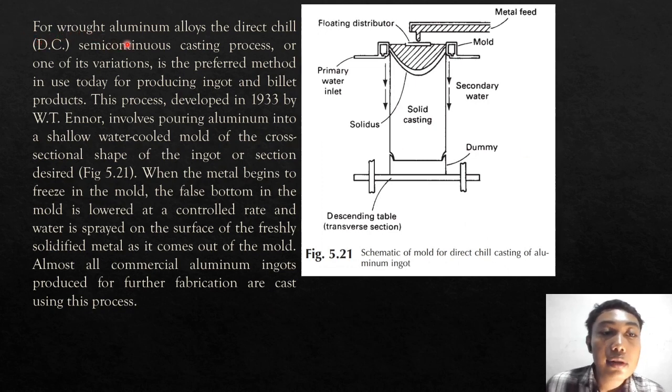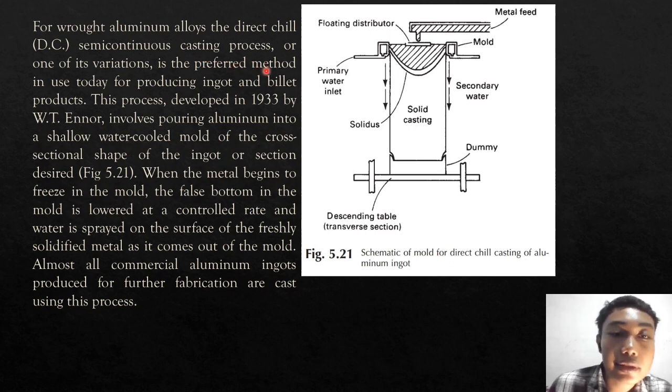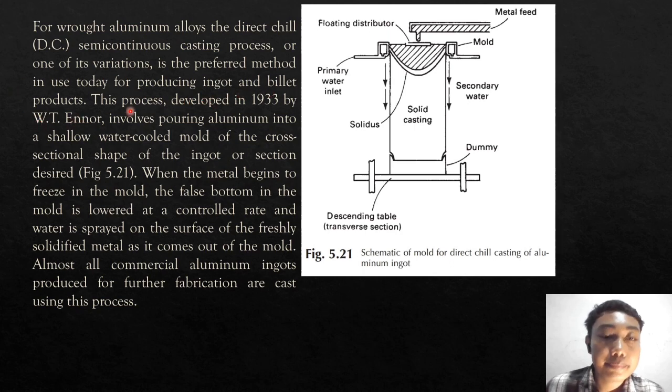For wrought aluminum alloys, the direct chill or DC semi-continuous casting process, or one of its variations, is the preferred method in use today for producing ingot and billet products.